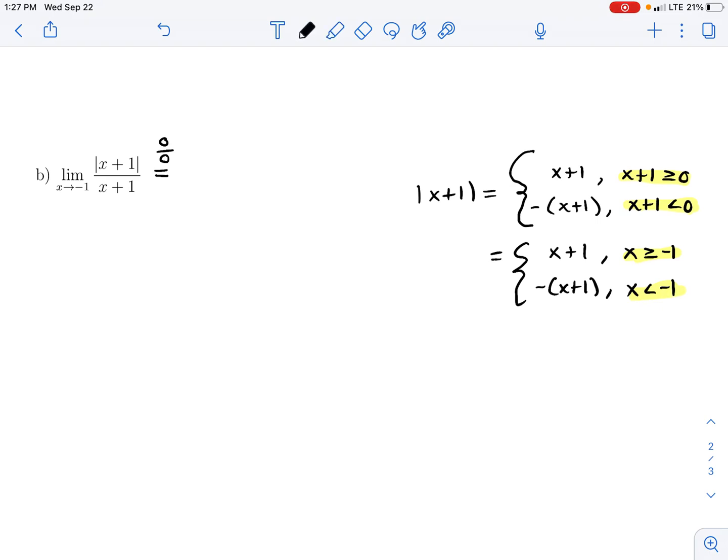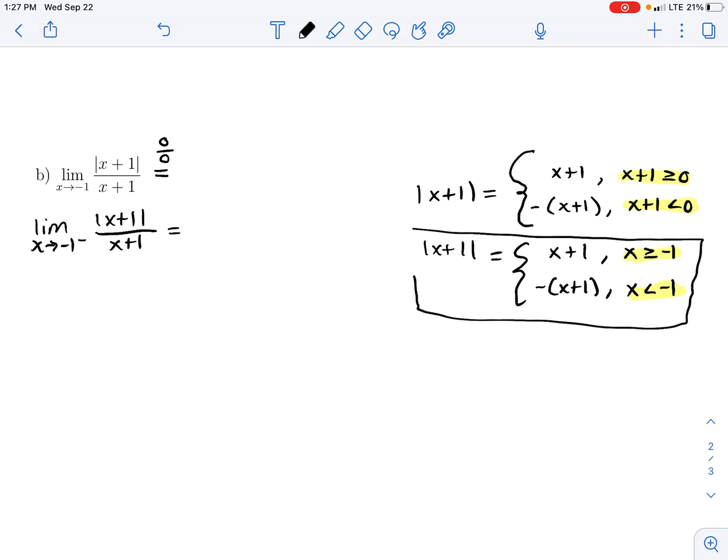Okay, so now I'm considering the limit as x approaches -1, and I want to consider left-handed and right-handed limits. So I'm going to start with the left, the absolute value of x plus 1 over x plus 1. So now, looking at this second line here, which piece of the piecewise function should I use when I'm approaching -1 from the left?